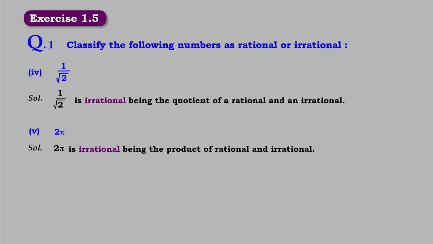Pi is basically 22 by 7, which if you divide, comes out non-terminating, non-recurring. It will never end, and there is no pattern. That's why pi is an irrational number. So 2 pi is irrational.